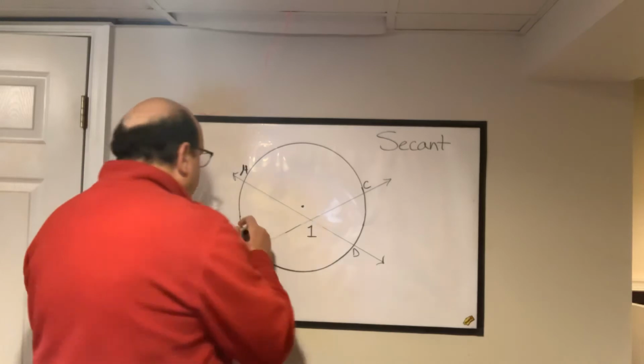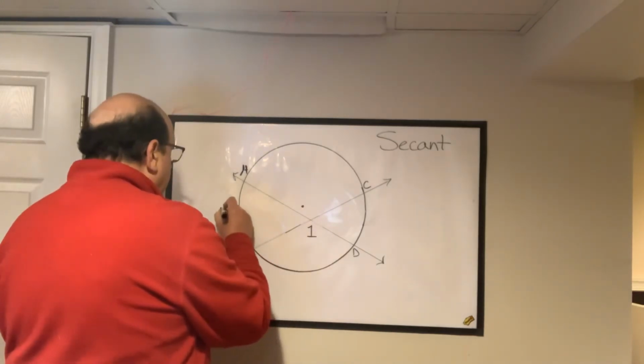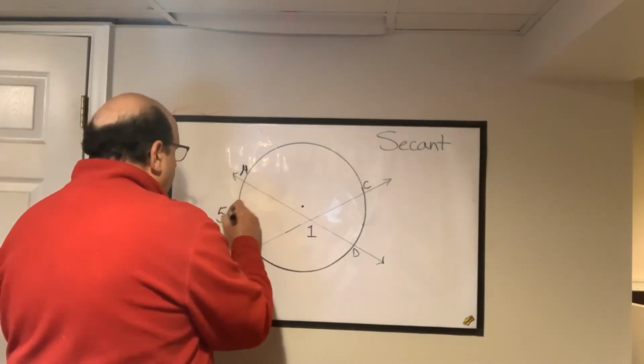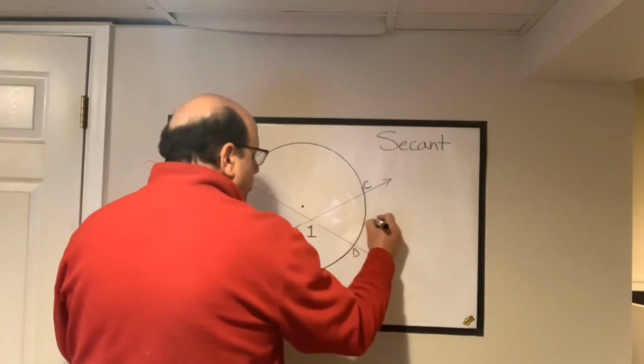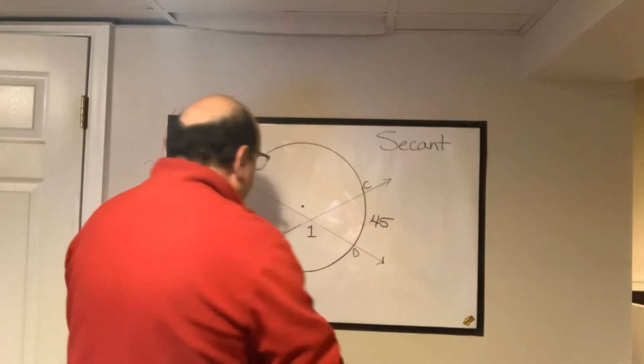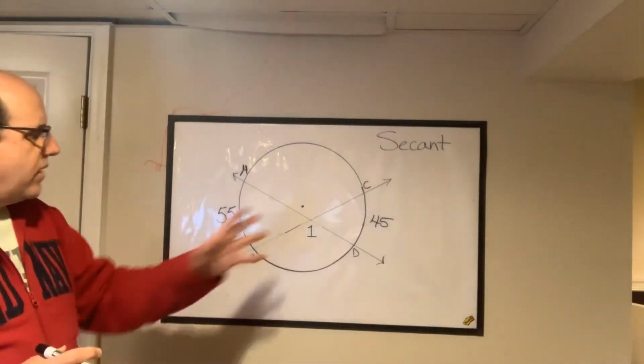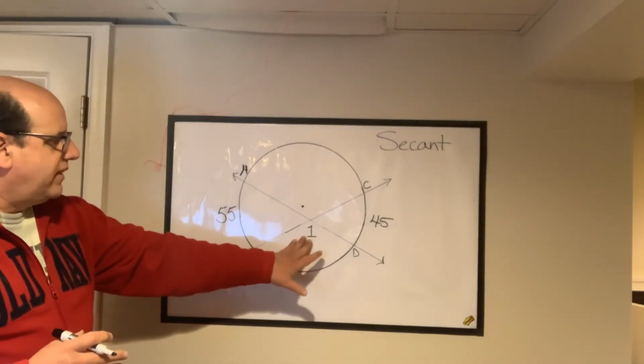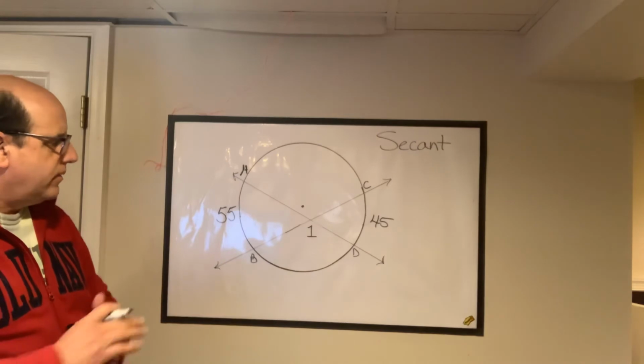So let's just say this is 55, and this is 45. All right, 55 and 45. And then we're going to have to find this angle right here.